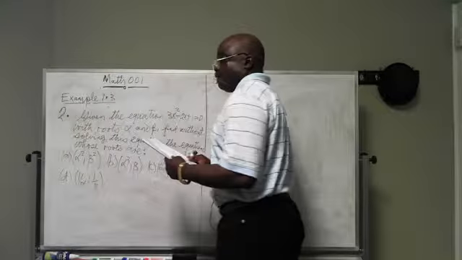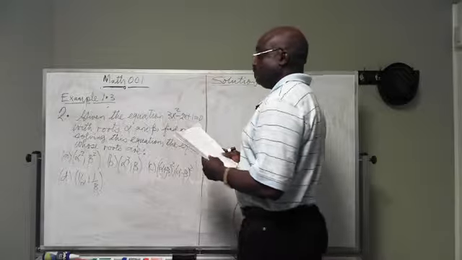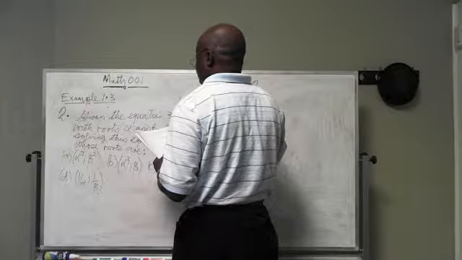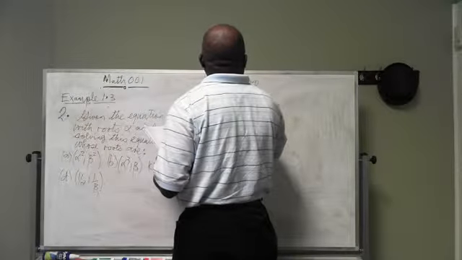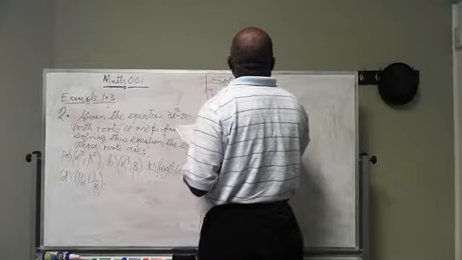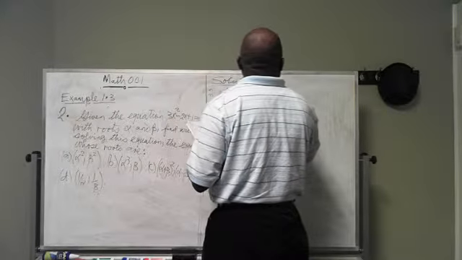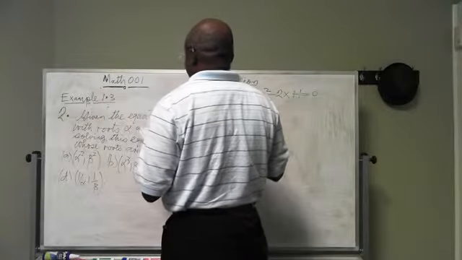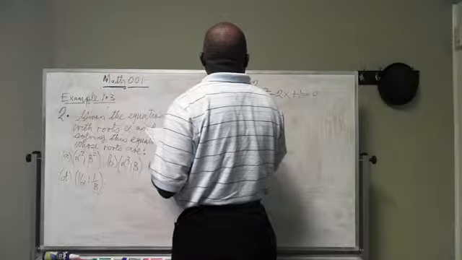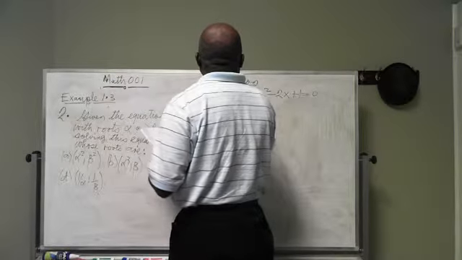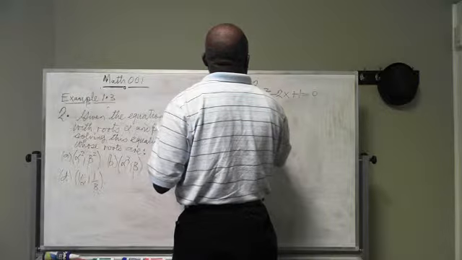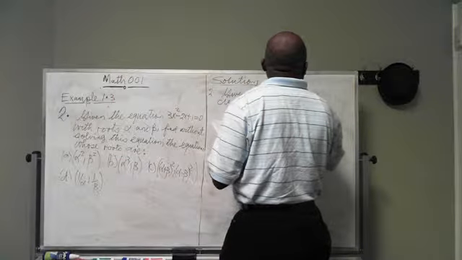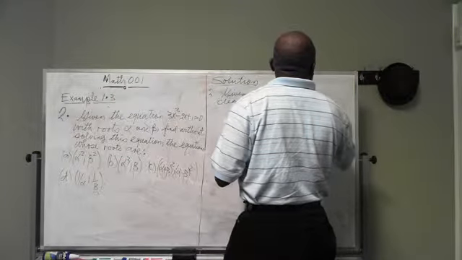Solution to problem 2. Given 3x squared minus 2x plus 1 equals 0. Clearly, A equals 3, B equals minus 2, and C equals 1.